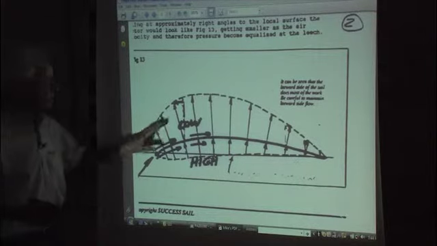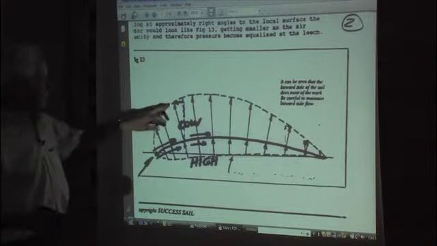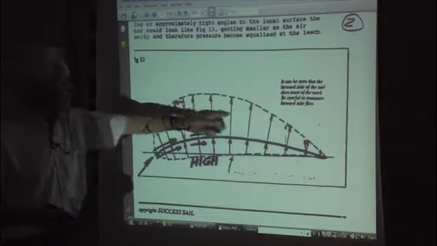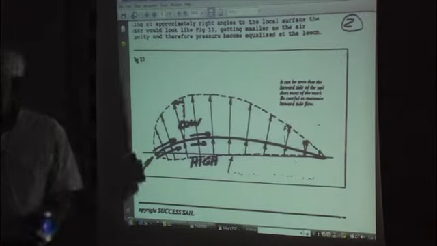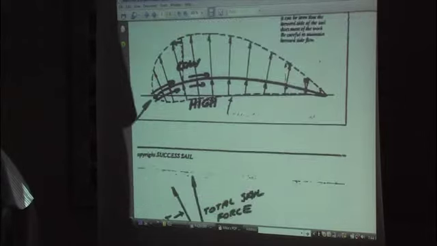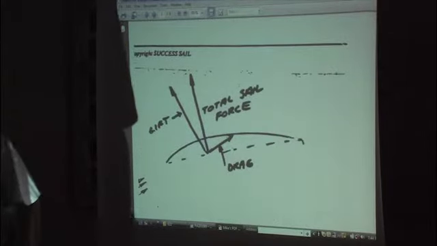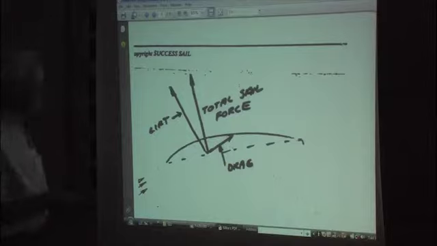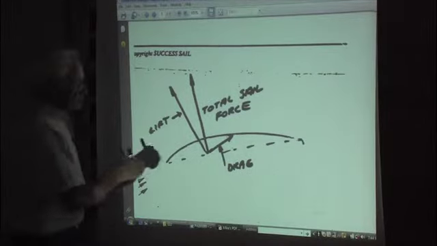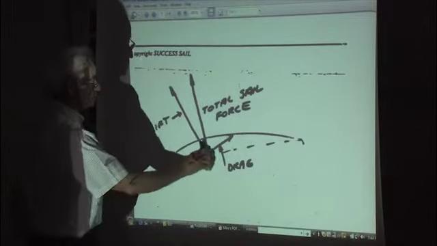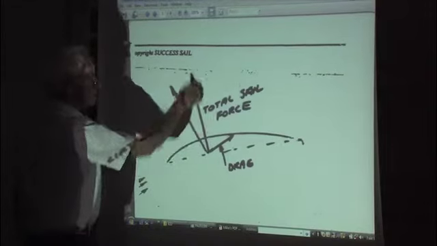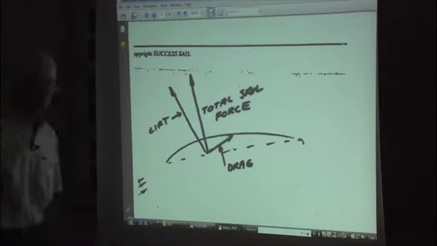So some smart guy, a lot smarter than me, adds all these forces together and comes up with a total sail force, which is this one. So that's your total.